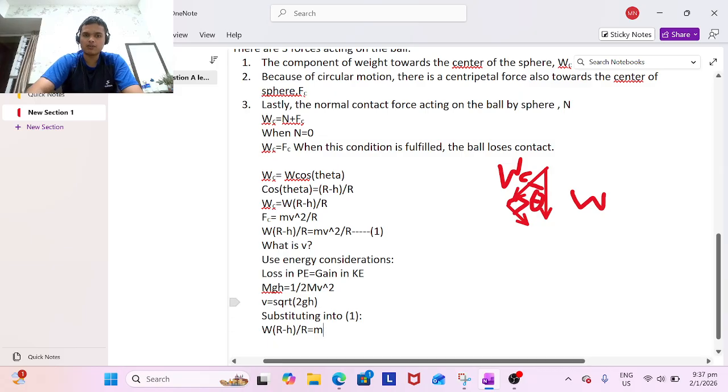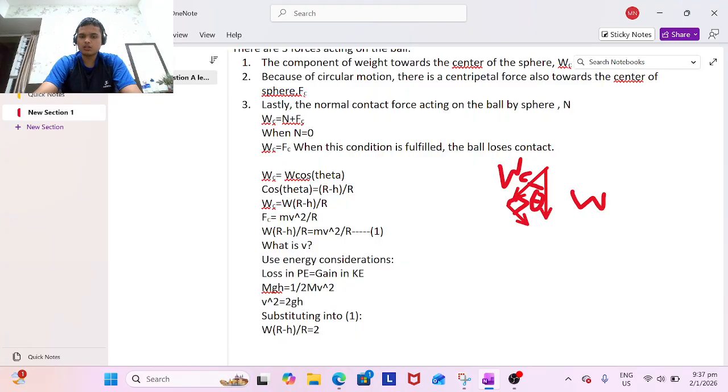So I think we could have just left it as v square. You don't need to take the square root of it. So you have m times 2gh by r.